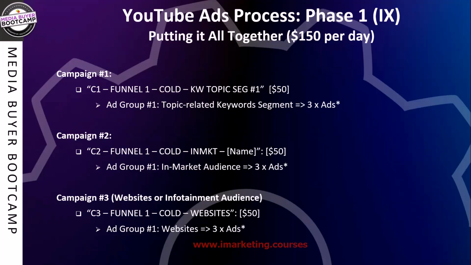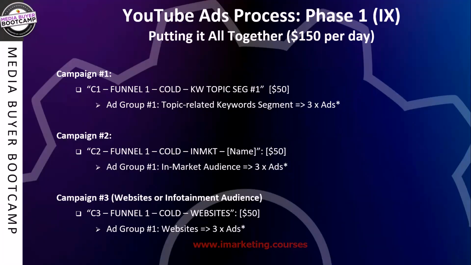Now, the thing with Google is that you are not able to set budgets at an ad group level. In Facebook terms, Google is a CBO platform, a campaign budget optimizing platform.